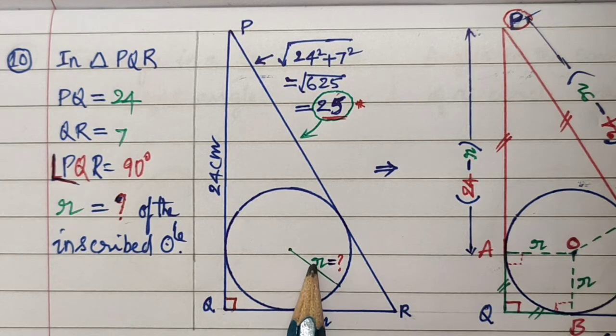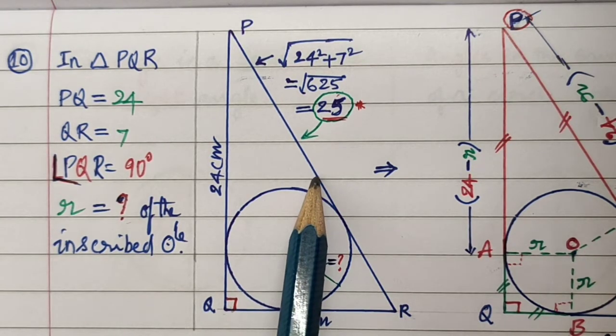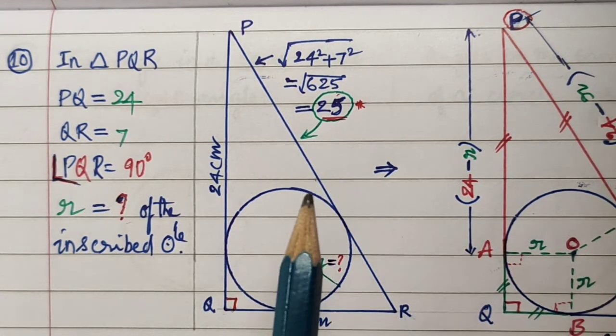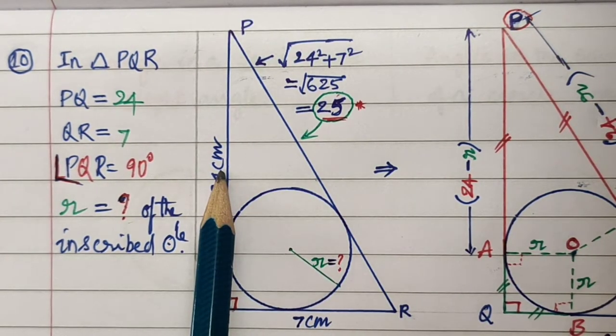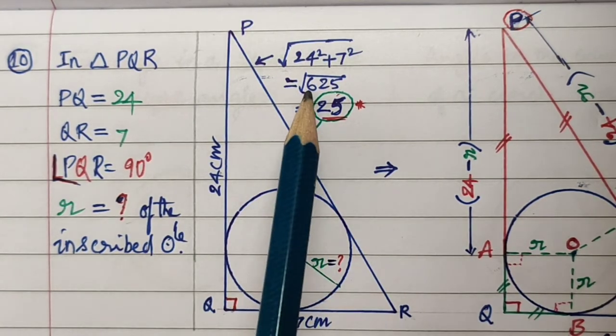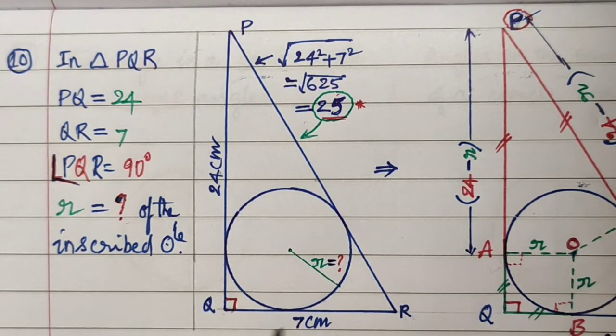We need to find out the radius. Since this is a right angle triangle, we can easily find the other side by using the Pythagoras theorem. Therefore, PR is equal to square root of 24 square plus 7 square, that is 625, which is equal to 25.